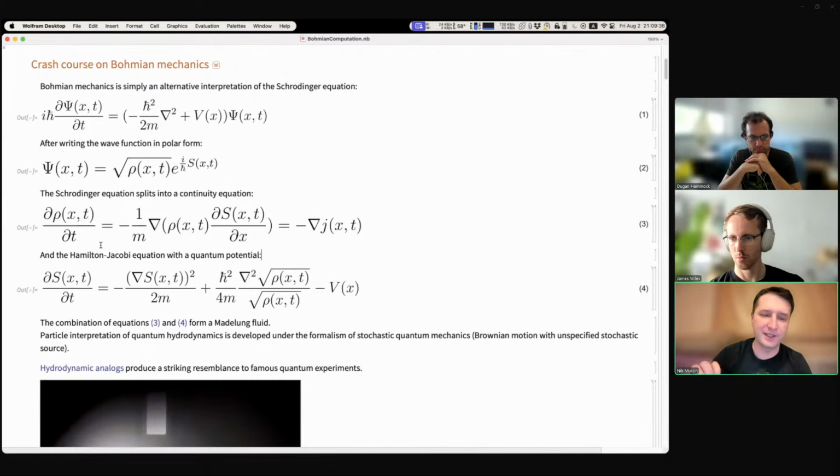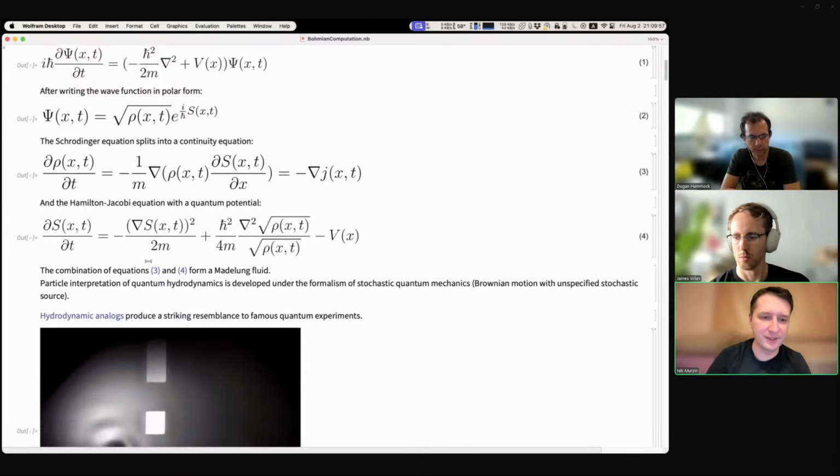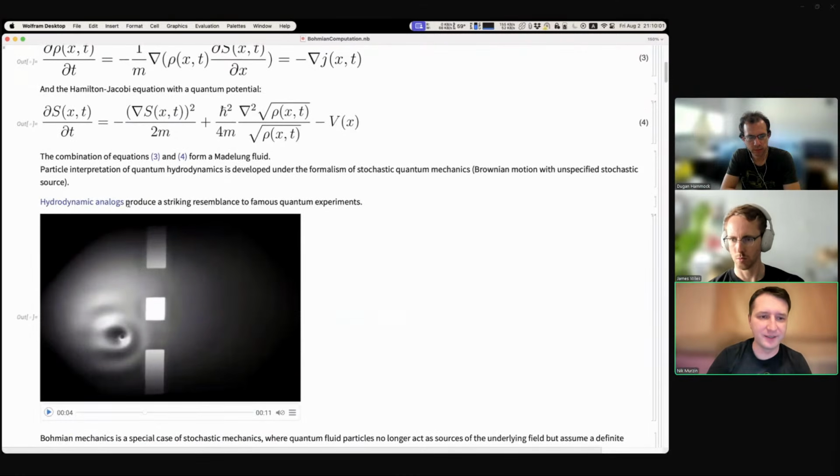This leads to a quantum non-local force that actually acts on particles. So you have a particle moving along, guided by the wave function, and the continuity equation describes this flow, but each particle also moves along with some additional force acting on it, which is this non-local quantum force. But you can also interpret it in a fluid dynamical way. There's a nice additional topic related to Bohmian mechanics, which is stochastic mechanics and hydrodynamic analogs.